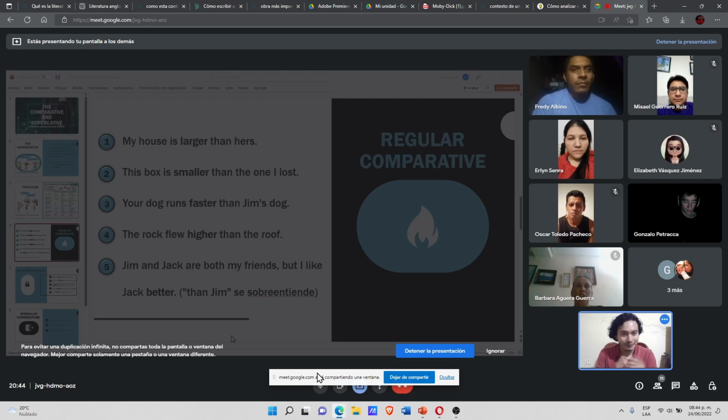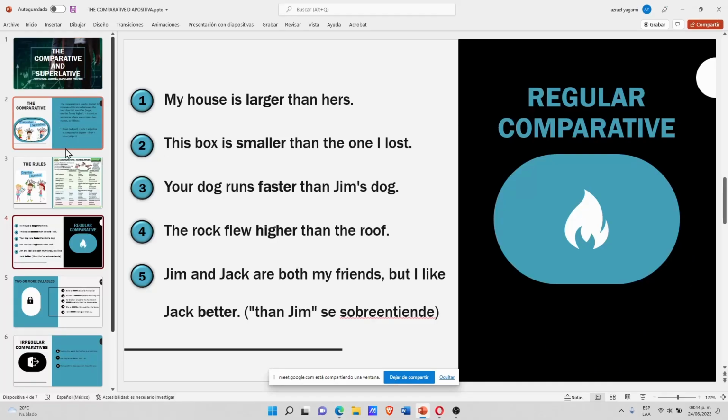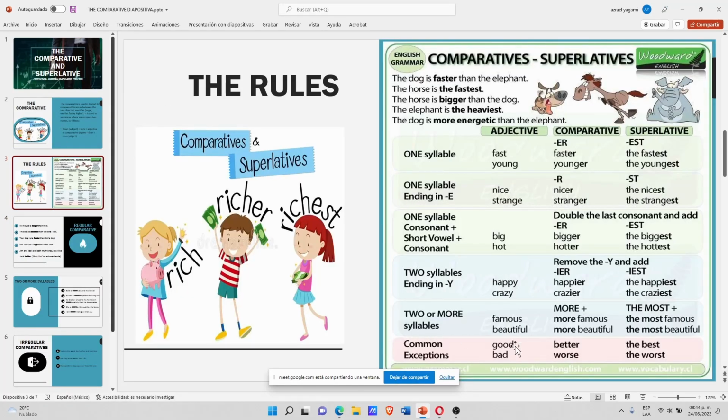Arlene, do you? This box is smaller. And the superlative. When we use superlative, we need to use est when it's only one syllable. For example, in this case, est, only est. Yeah, we use one syllable.